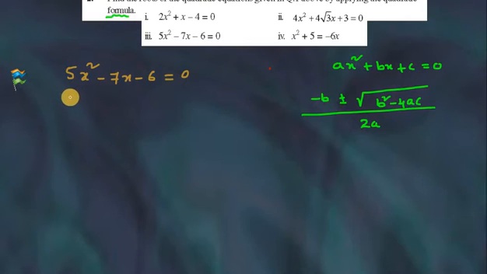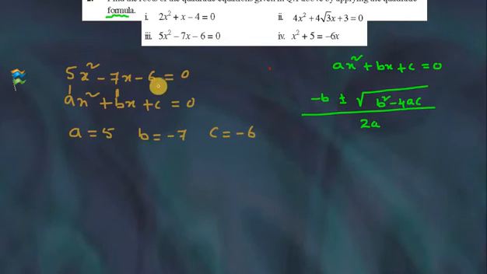This is very simple, if you compare with ax square plus bx plus c is equal to 0, the a value is 5, the b value is minus 7, and the c value is minus 6. So first comparison is completed.